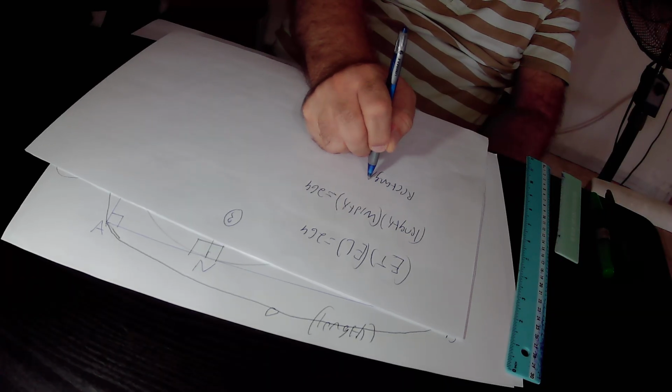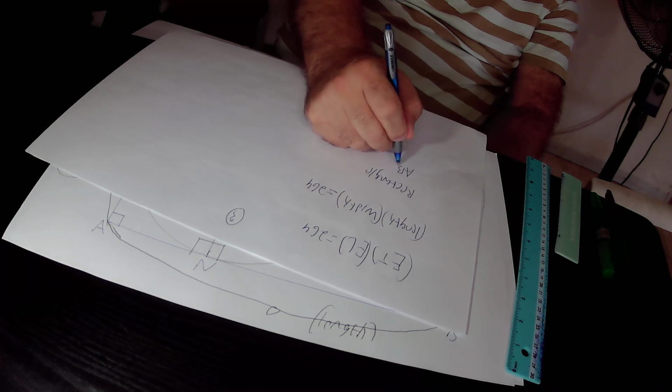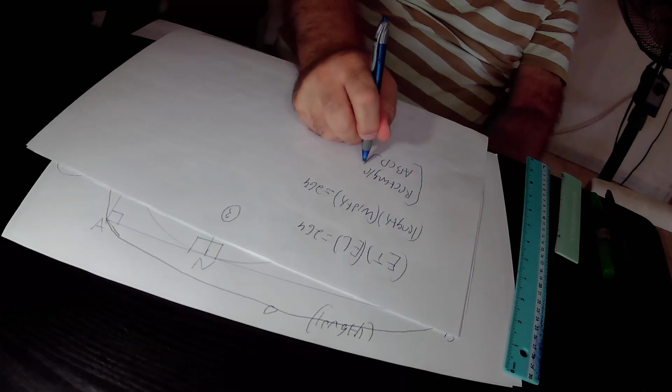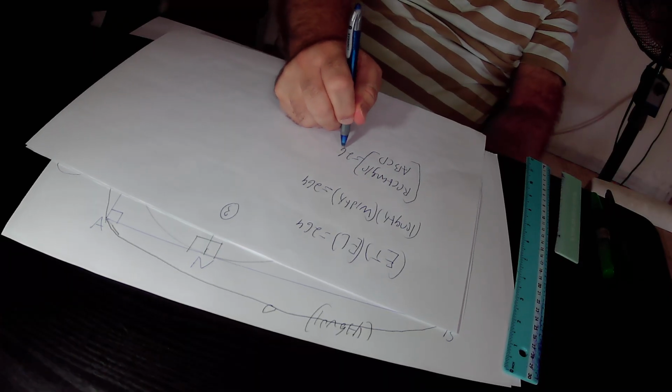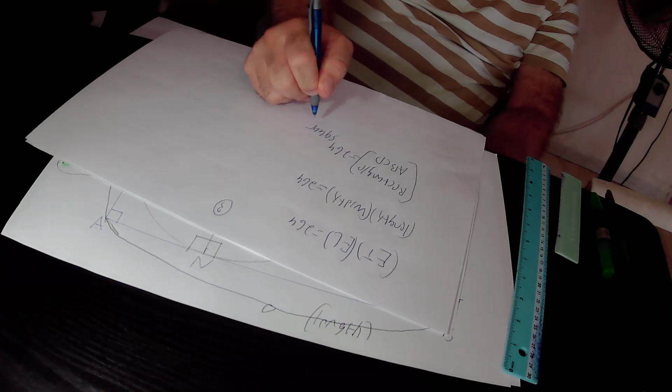So we found out that the area we are looking for in this question, that is the area of the big rectangle ABCD, is equal to 264 square units. And that is the answer to the first question.